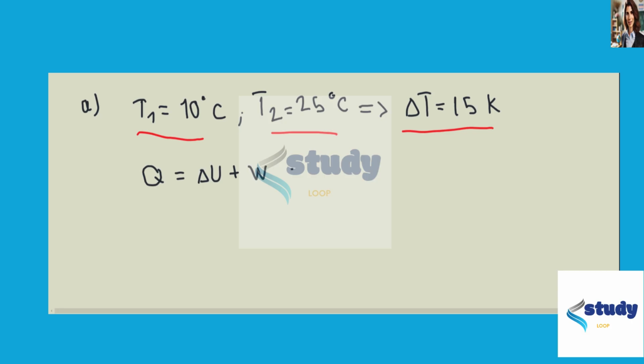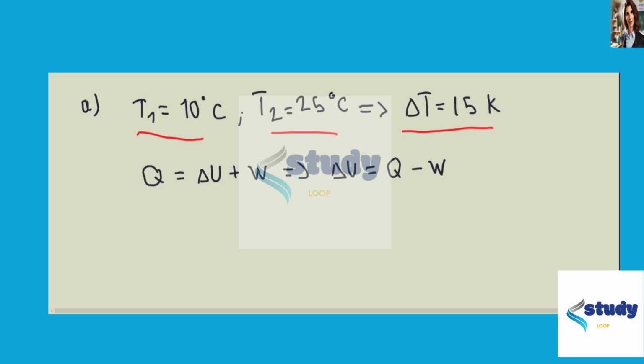The total heat flow of the system is equal to the change in internal energy plus the total work done. From here, we can derive that the change in internal energy is equal to the total heat of the system minus the work done by the system or on the system, depending on the sign.